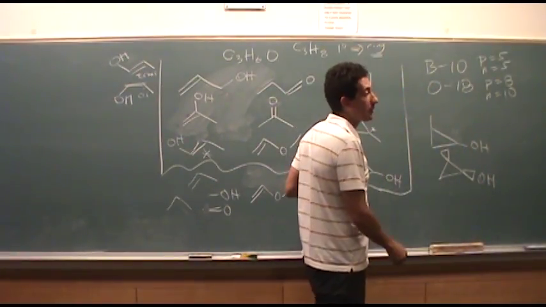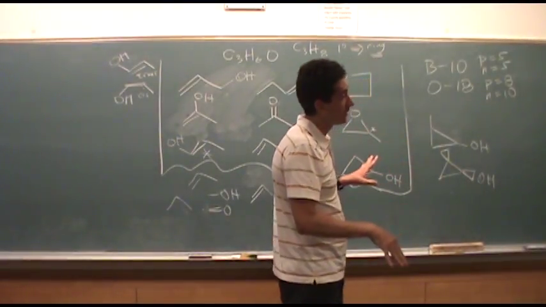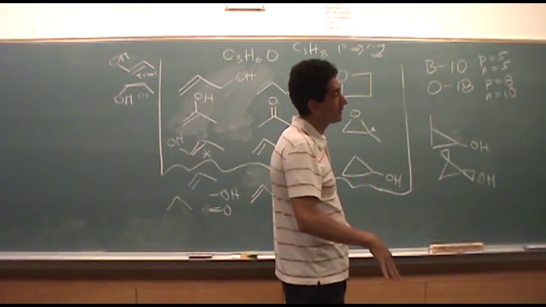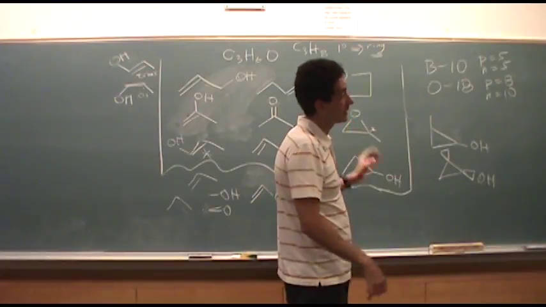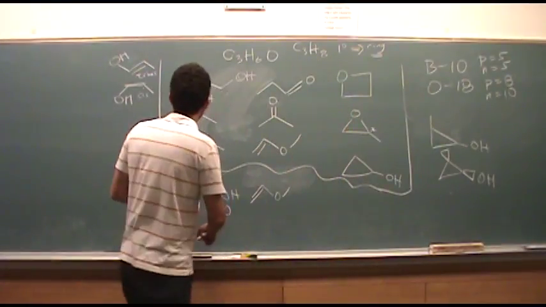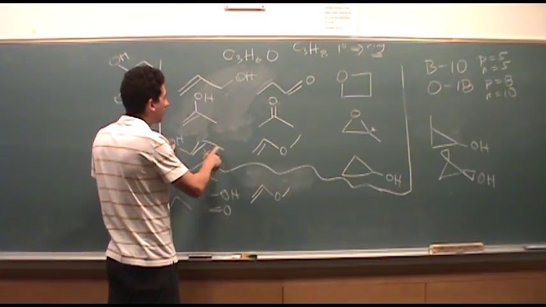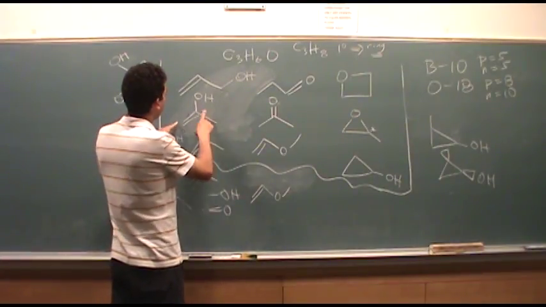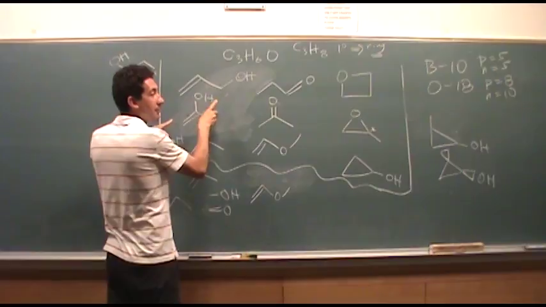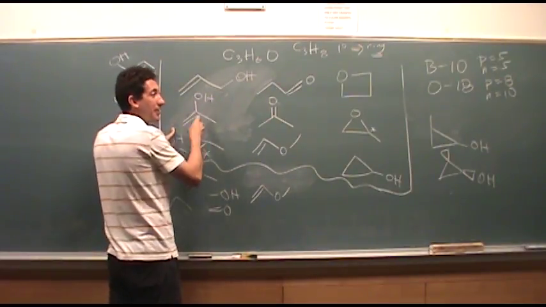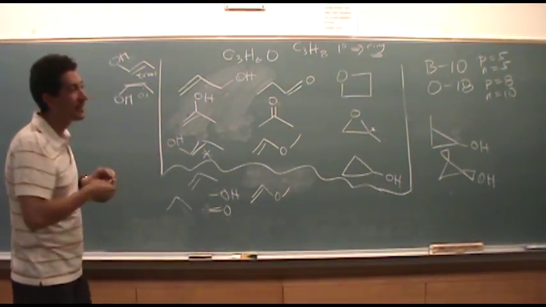But since there's not that second branch, there's nothing to be cis with. Meaning you need two things to be either on the same side or opposite sides. Just like here, there's two things to be on the opposite side or the same side of the double bond axis. Where here, there's two things, but you need one over here compared to one over here. Is that all right? Yeah.